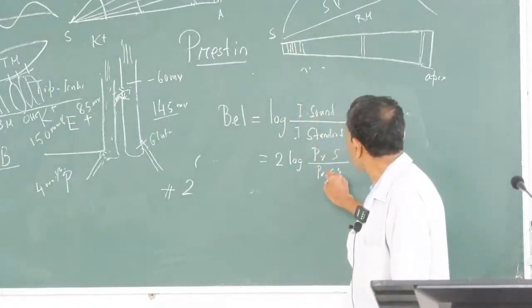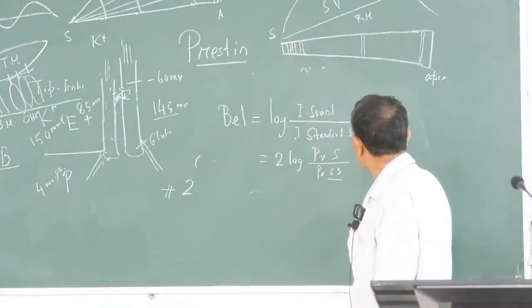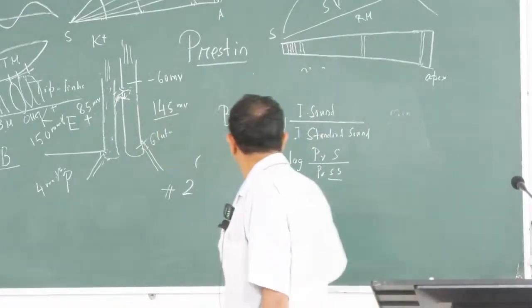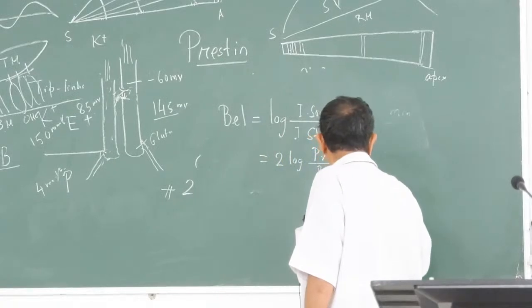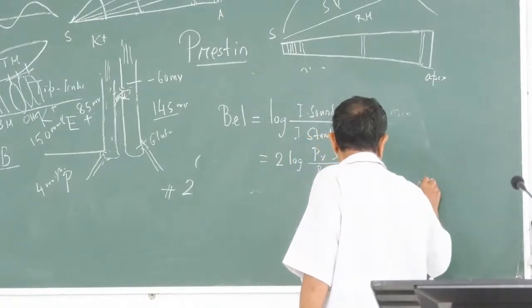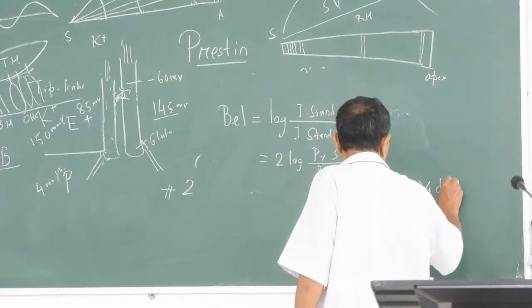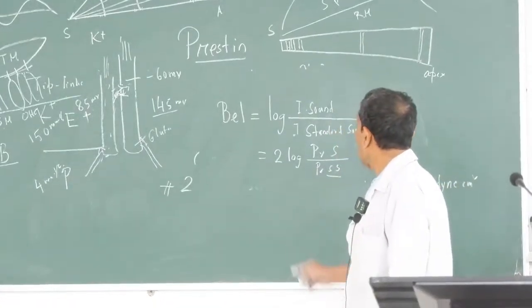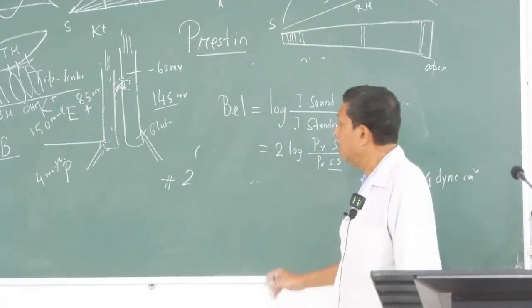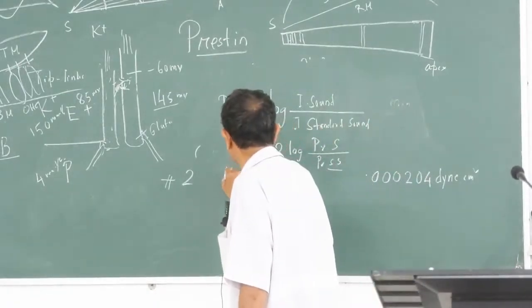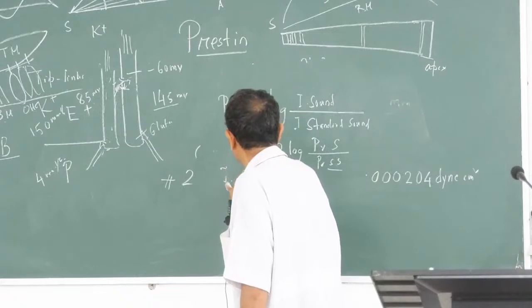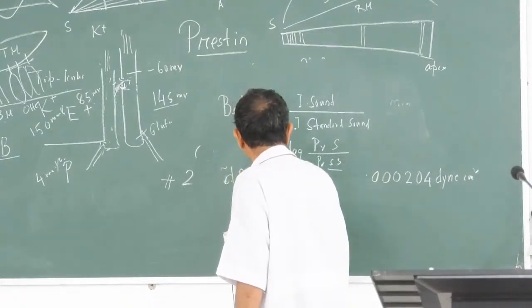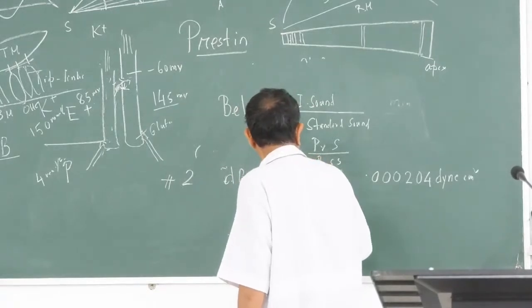And the standard sound is commonly taken as the just audible sound in a normal individual, 0.0002 dyne per square centimeter. When it is expressed in decibels, then it becomes 20 times this, in decibels.